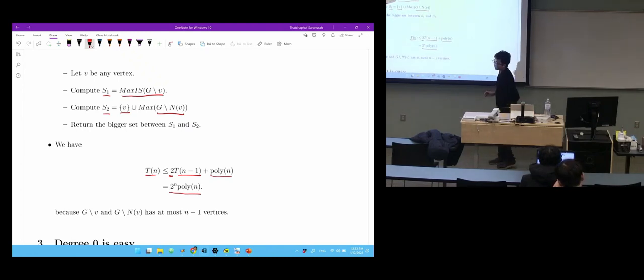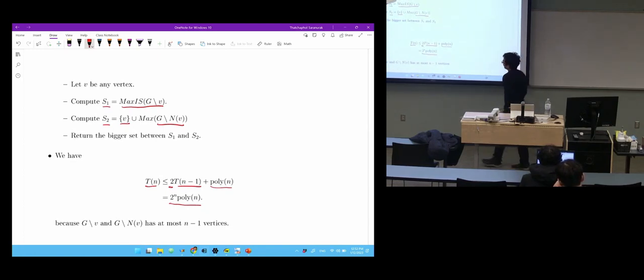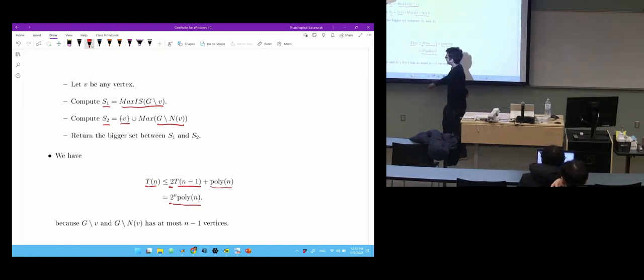This actually looks like a loose way to bound the running time. Why is that? Okay, because although this guy has n minus 1 nodes, it looks like this guy should have less than n minus 1 nodes, right?